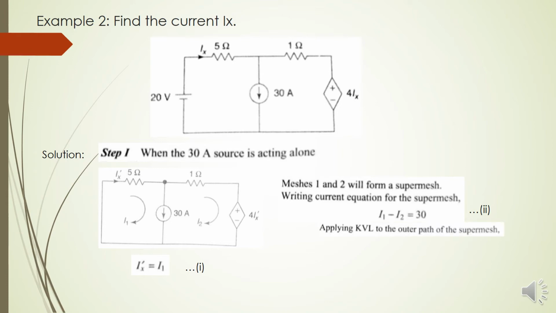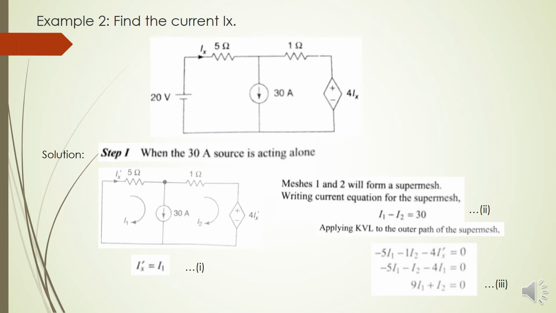Now apply KVL to the outer path of the super mesh. According to KVL to the outer path of the super mesh, minus 5I1 minus 1I2 minus 4Ix dash.